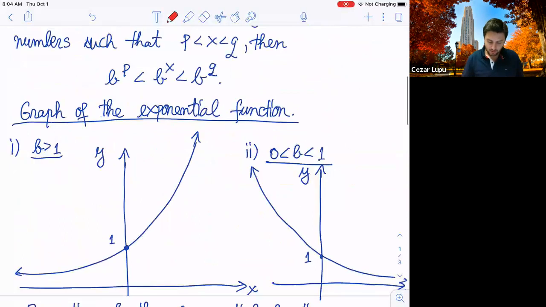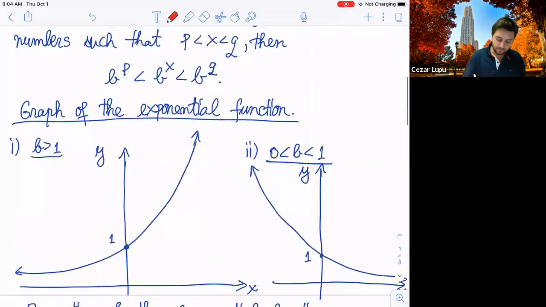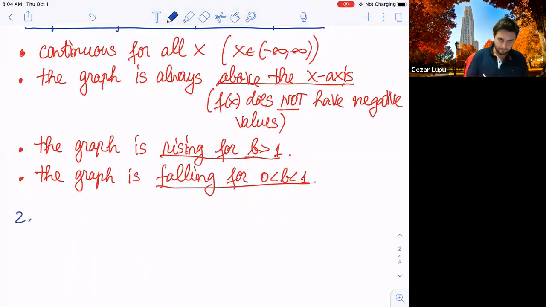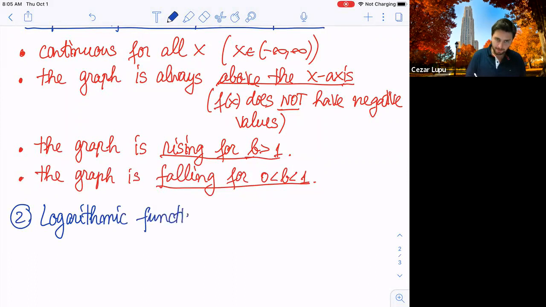So let's say a few words about the logarithmic function. Well, we defined the exponential function, but now I would like to define the logarithmic function.